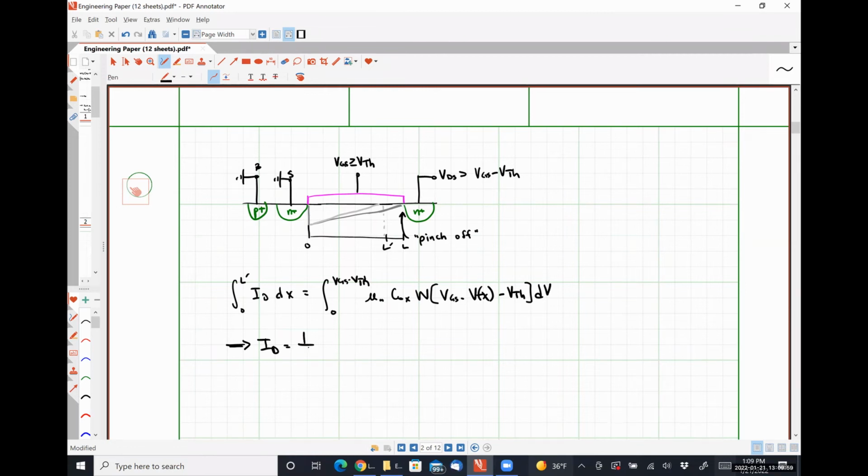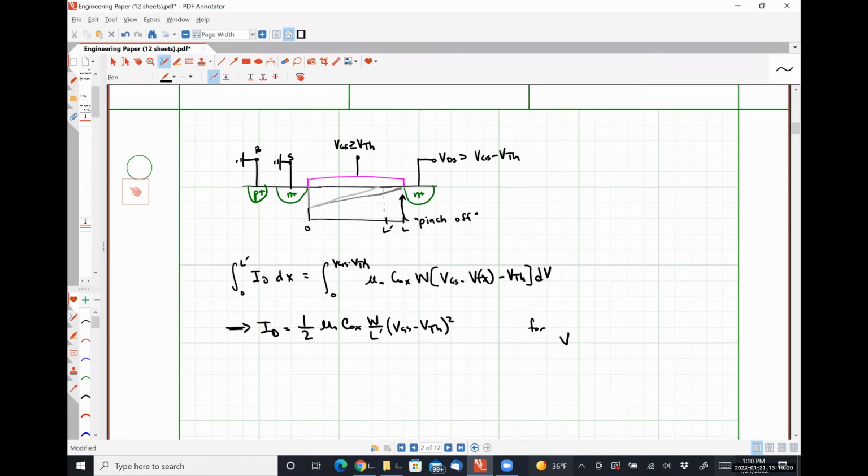ID is equal to 1/2 mu n Cox W over L prime, which is going to be pretty much L, times VGS minus VTH squared. Well, this is true for VDS greater than or equal to VGS minus VTH, okay?